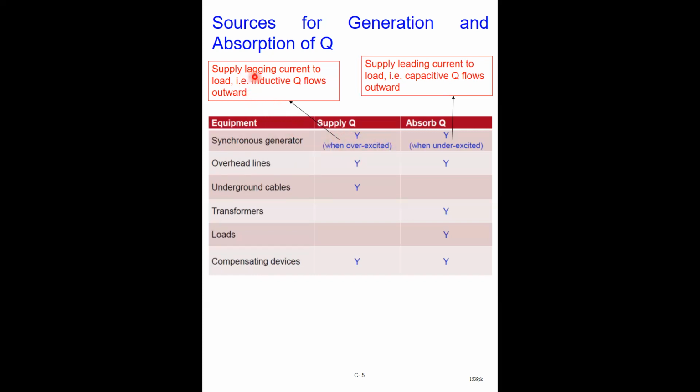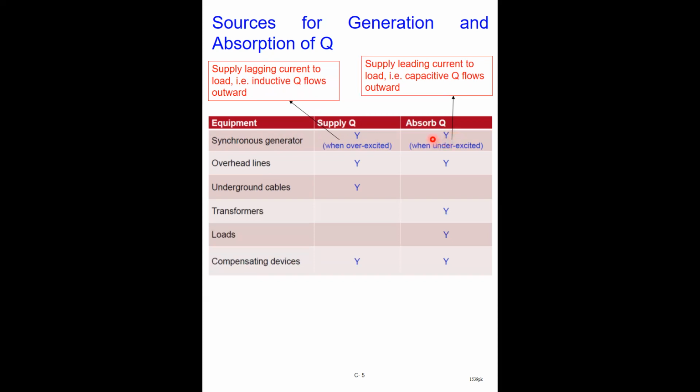In that situation, the generator will supply a lagging current, and thus you have an inductive reactive power flow from the generator. So the lagging reactive power flows to the load. When it is overexcited, the generator supplies inductive reactive power to the load.